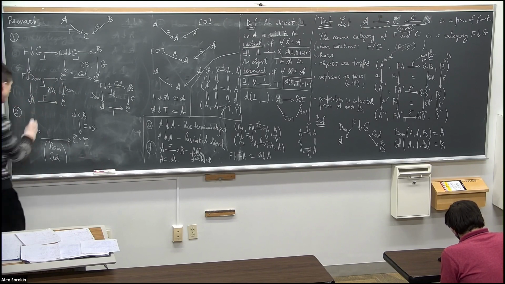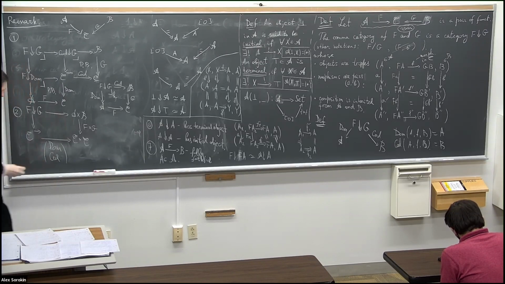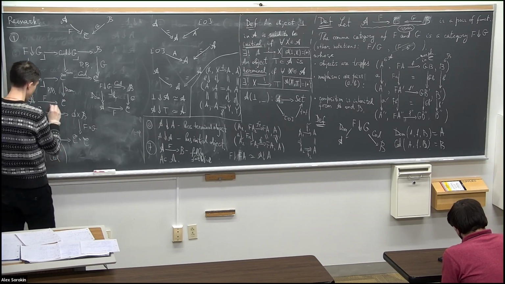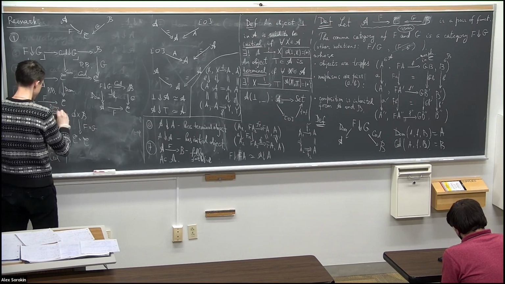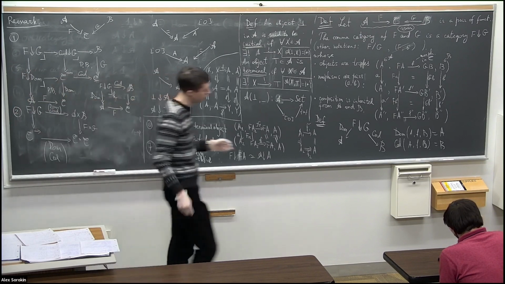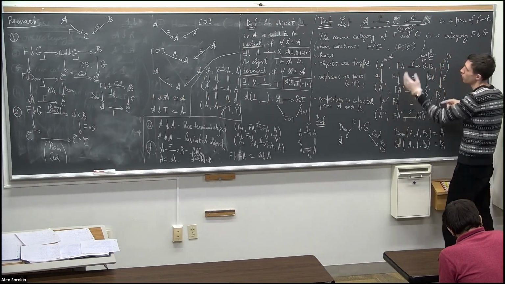Here will be F. Here will be our pair, new pair. And here will be the projection that now will be a function. We are just forgetting that we were coming from different categories.